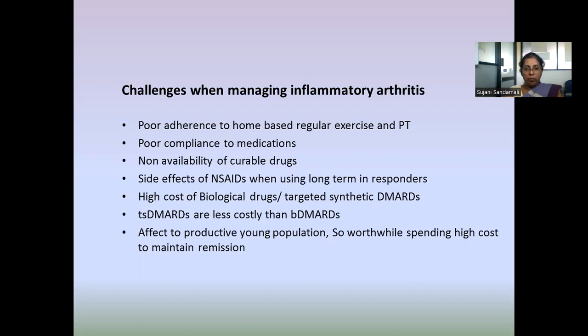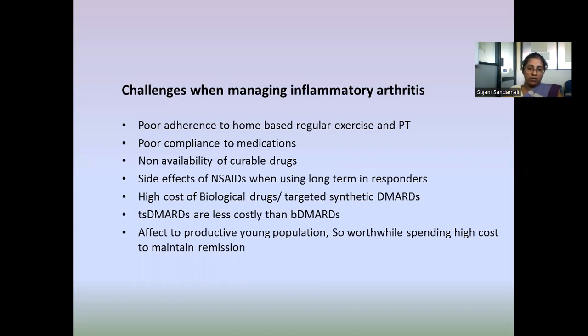It is very important to follow regular exercise. Then the poor compliance to medication again will be a problem, which can cause recurrent disease relapses, causing more morbidity, and the non-availability of curable drugs. Up until now, there are no curable drugs. All the drugs we have are disease-modifying drugs.